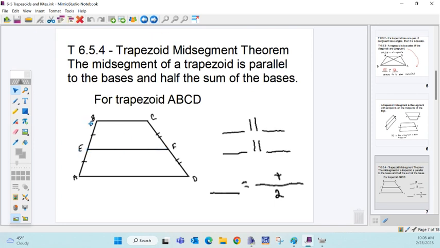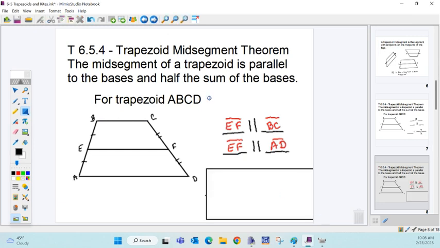That means EF is parallel to BC, and EF is parallel to AD. Don't forget the parallel symbols are these. BC is parallel to EF, and AD is parallel to EF.